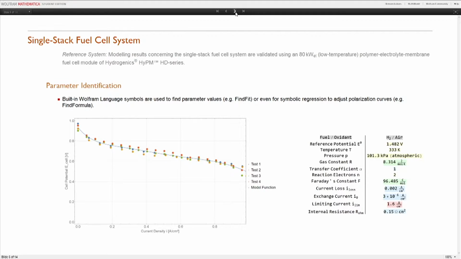I collected some specific data from 4 different experiments, and then you can fit a polarization curve. Down here, I think it's not that well readable.